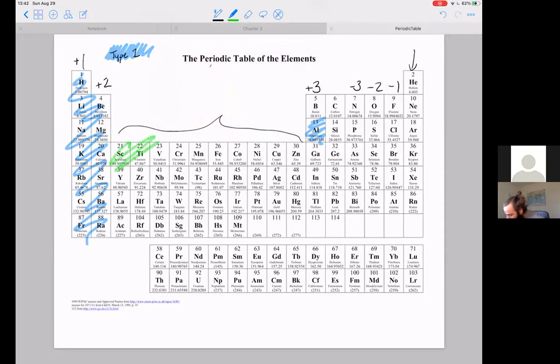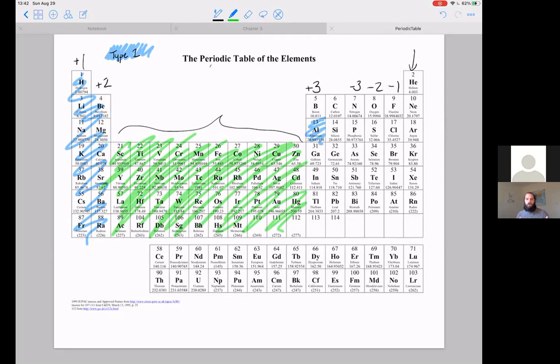So it turns out that these transition metals, the reason that we've been glossing over them thus far is because they could have multiple charges, all right? You wouldn't know just by looking at the periodic table what it would be. So for example, there exists both an iron with a 2+ charge and an iron with a 3+ charge.